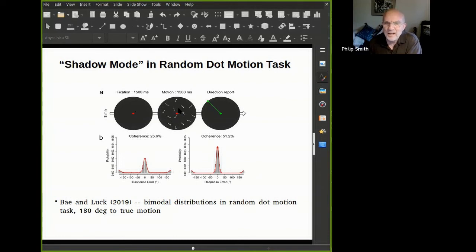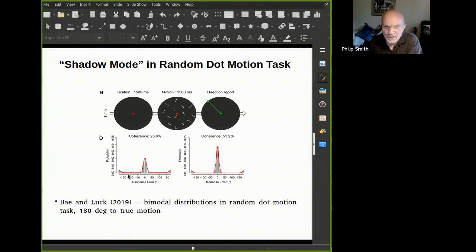But Bay and Luck did a continuous outcome version of this in which the motion could be in any direction and the decision maker was required to indicate on a point on the circumference of the circle the perceived direction of motion. And what they found is that this task produces bimodal distributions. Actually, we knew about this before their paper, but they were the first to publish it. The distributions down below show distributions of outcome for two different levels of difficulty, low and high coherence.